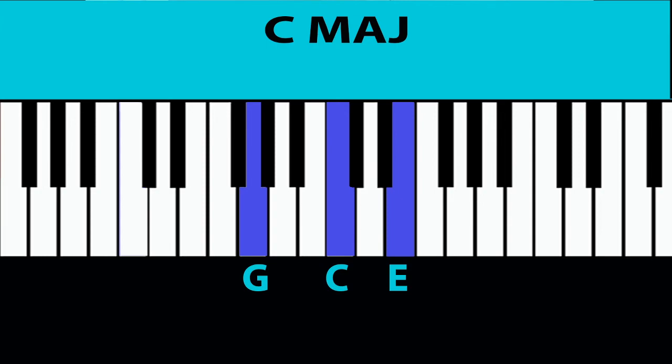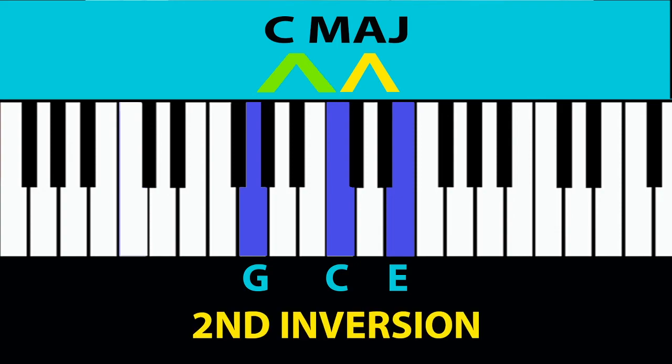And once again, we have a perfect fourth now on the bottom, and a major third between the C and the E on top. So again, we've changed the relationship of the intervals between the notes in the chord. And this is the second inversion.